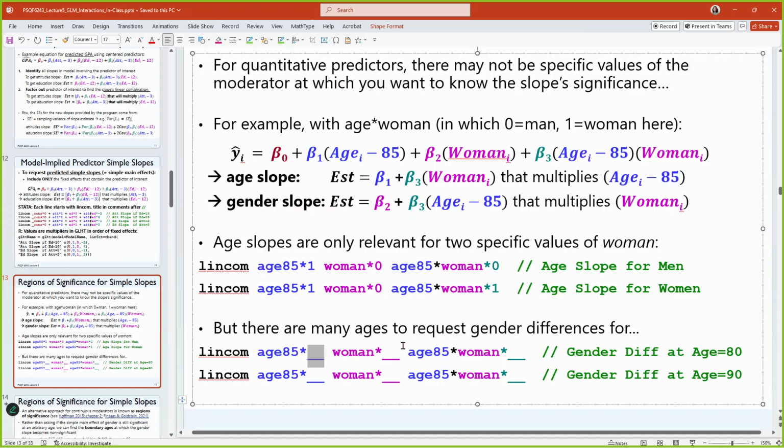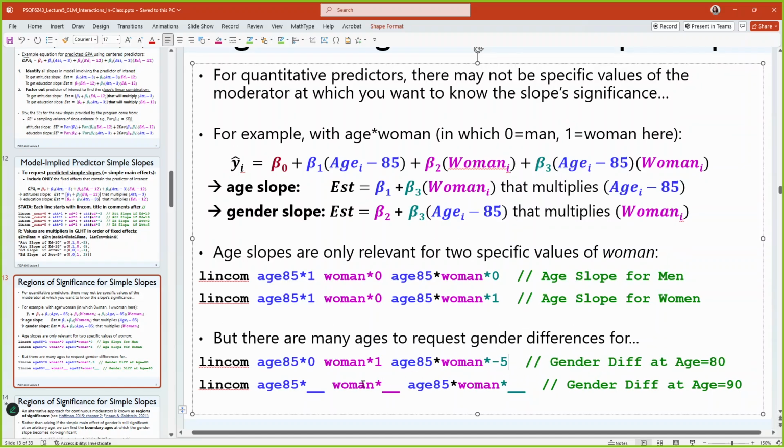In this case, it is still 0, because the main effect of age has nothing to do with the gender slope. You've got to refuse the urge to put the moderator values in the main effect spots. But what we do want is a 1 here, because the gender slope is what we want. And if we want it for an 80-year-old, then the -5 goes at the end, -6.